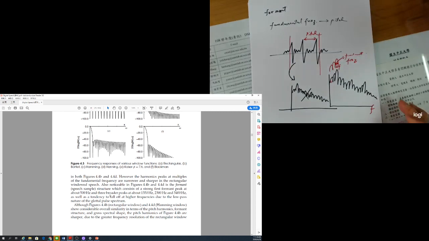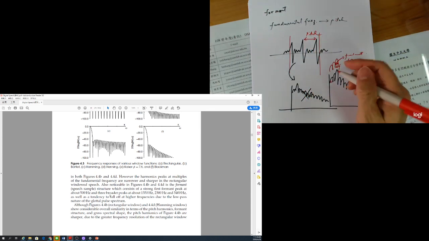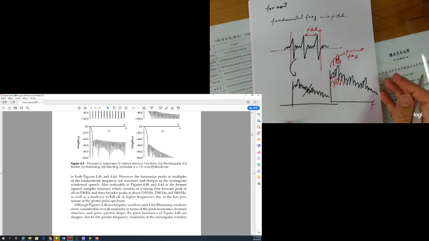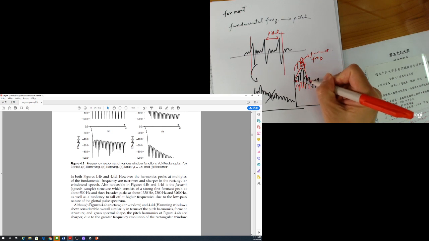So this is the frequency domain. Going from the time domain to the frequency domain, the pitch is your harmonic fundamental frequency. What is the formant? In the frequency domain, we can see the envelope shape.